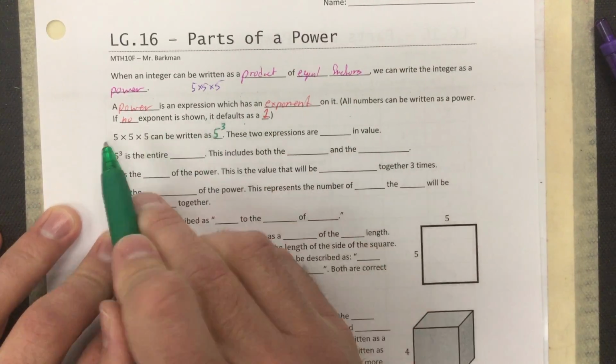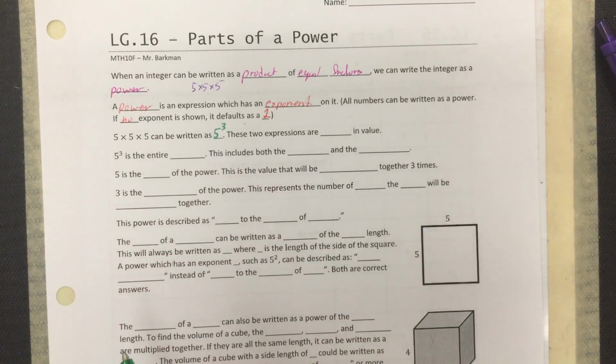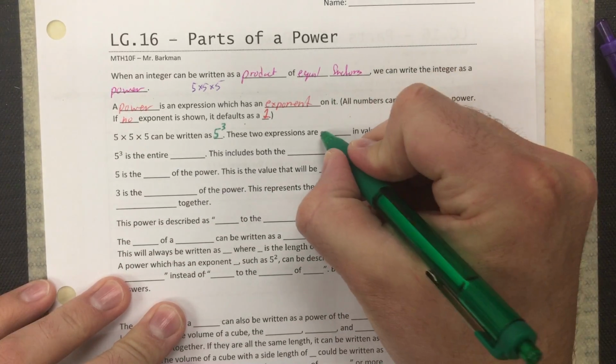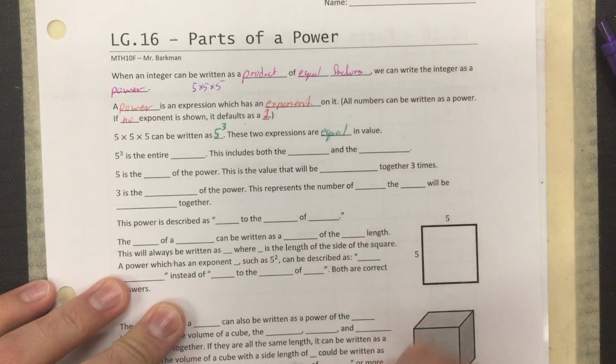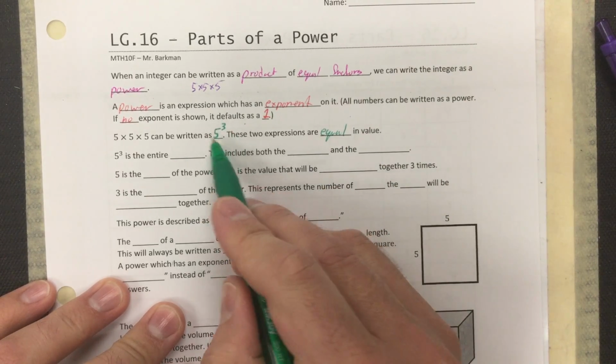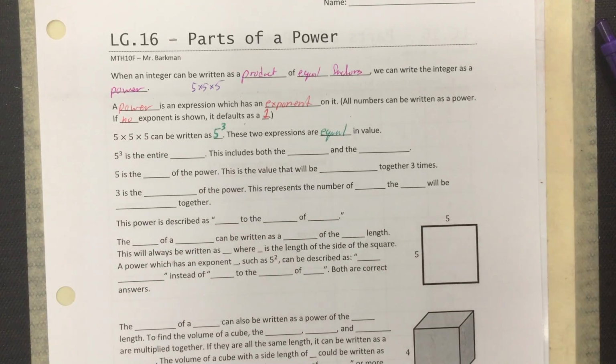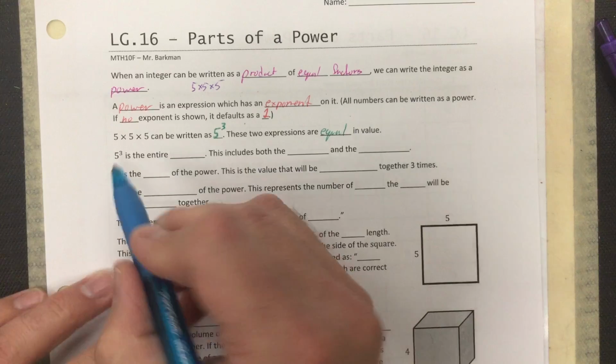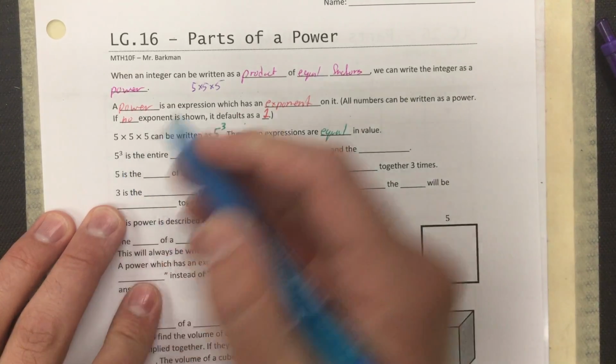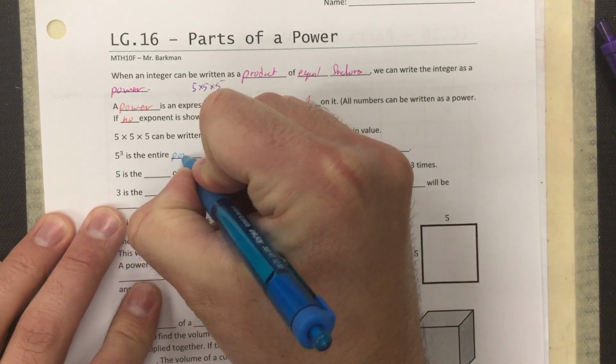So it means that we take the 5 and we multiply it out 3 times. These two expressions are equal in value. It's the same as writing 5 times 5 times 5, and that value will be exactly the same.